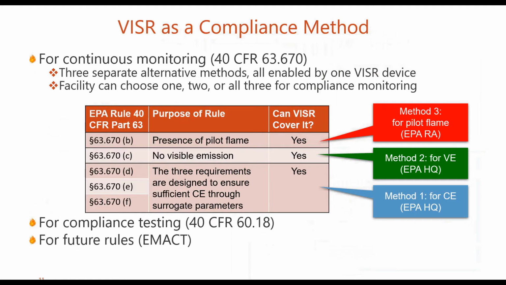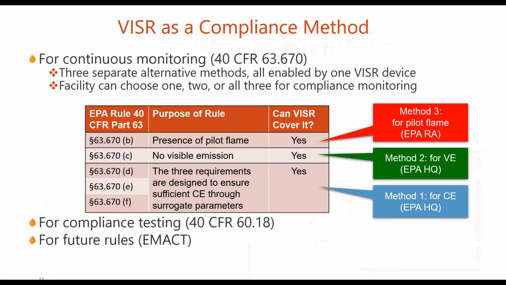The other regulations that we're pursuing approval for would be Part 670C, which requires no visible emissions from your flare. This is like a method 22 type opacity measurement, so you either have visible emissions or you don't. And we believe the smoke index can be correlated to method 22 and used to replace this requirement.